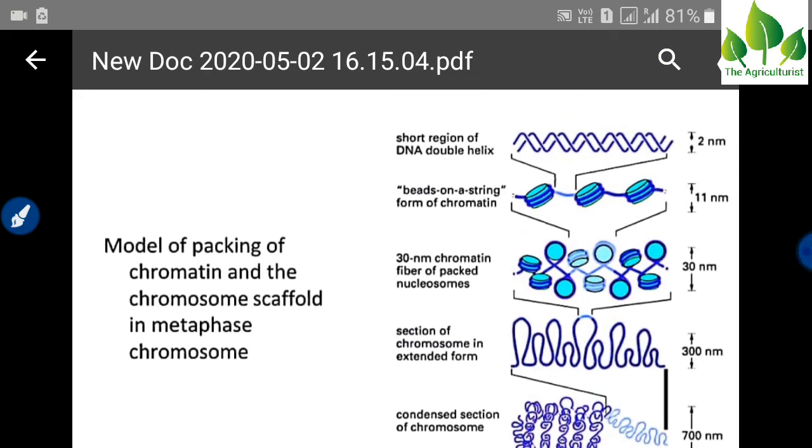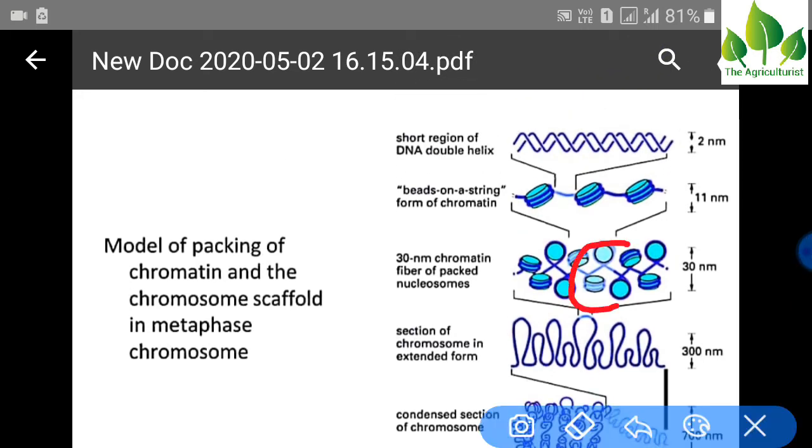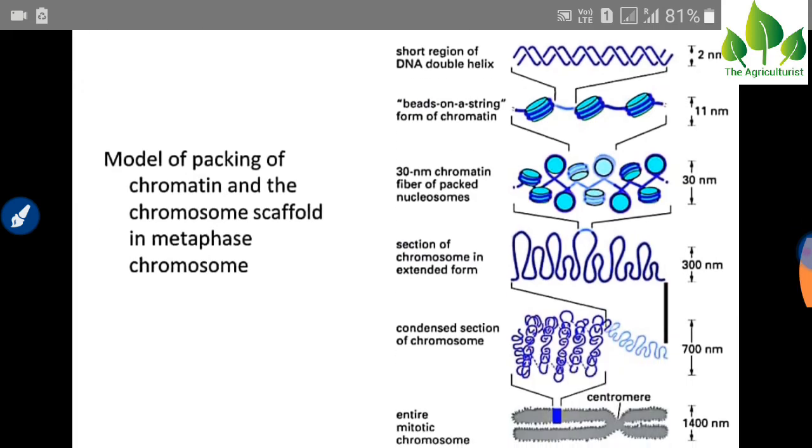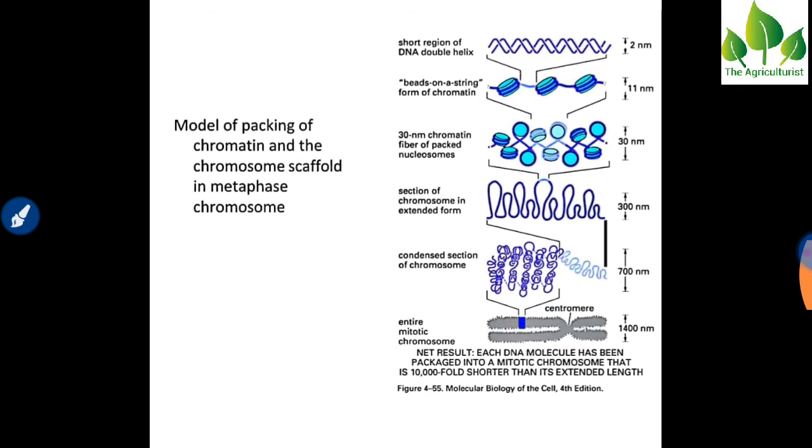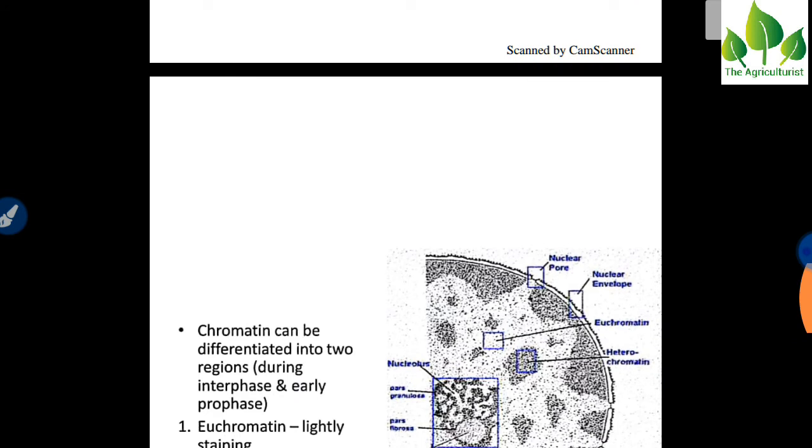And if we take a smaller part, it will look like beads on a string form of chromatin and the DNA. This is our DNA. Understand? So this is how our whole DNA is packed into a chromosome.